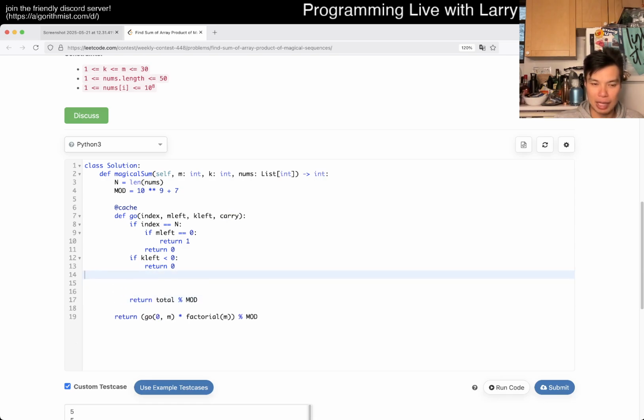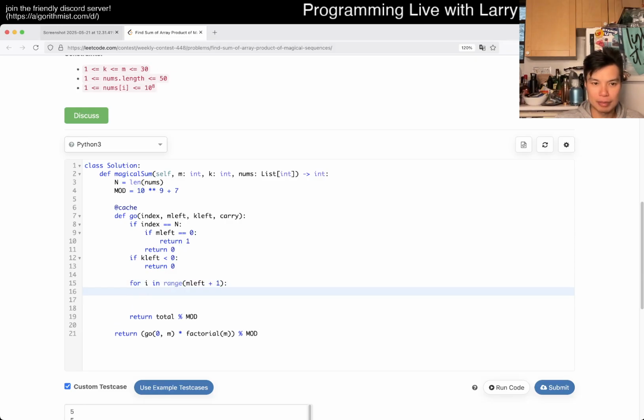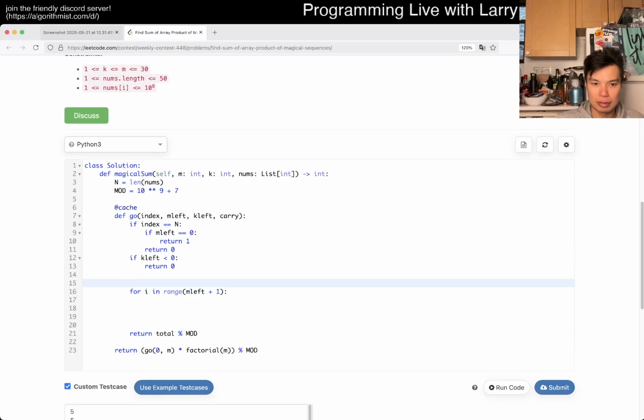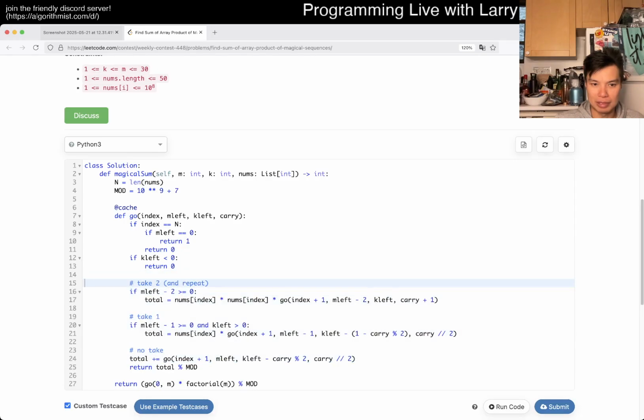Let's just say we have, for I in range of m left plus 1, then we just have... I want to keep this because I'm going to forget.